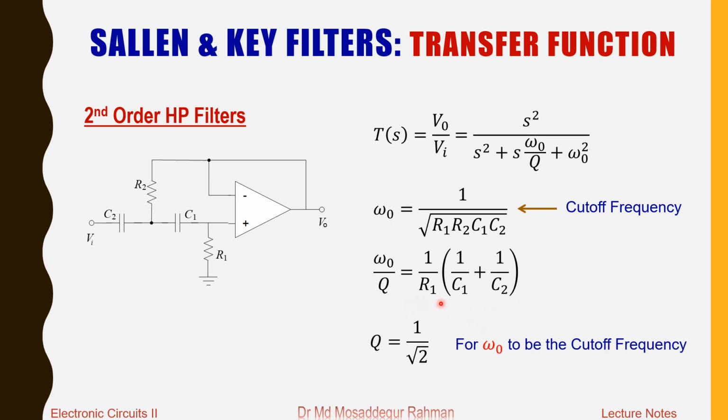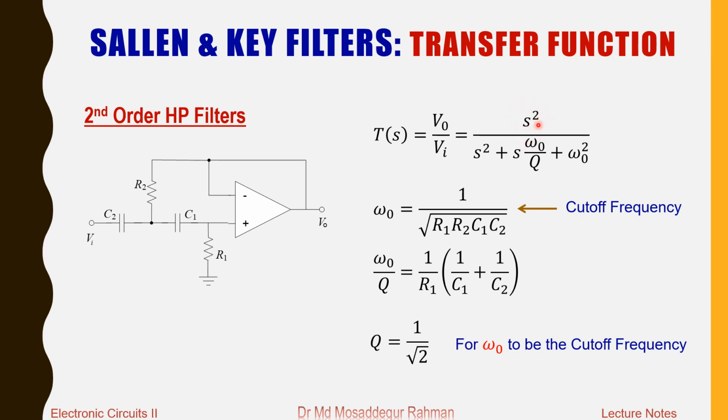Now this is slightly different from what we had for the low pass. So Q is different for the high pass and the low pass filters. For the low pass, we had 1 over R1 plus 1 over R2, and here we had 1 over C1 or C2. So this part is different. Otherwise the cutoff frequency is the same, the transfer function is almost the same, the denominator is the same, only the numerator is different. In the numerator, we have s squared for the high pass, and for the low pass you will have omega naught squared.